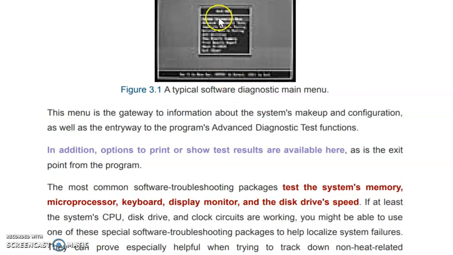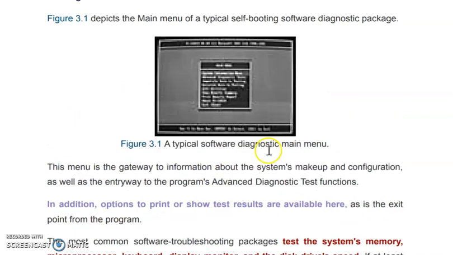These are some menus that it will show: one related to the peripheral devices, one for processor speed, one related to your hard disk, and another related to your SMPS, that is the power supply. The user just has to click that particular menu option, and it will test every peripheral related to that menu and give the report.